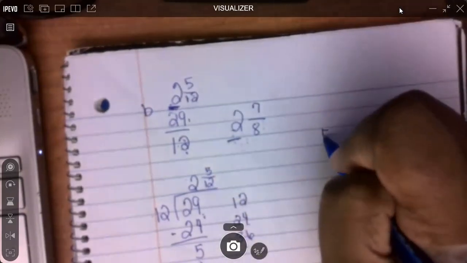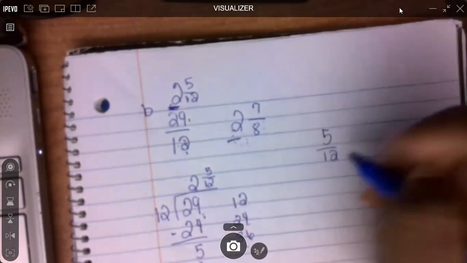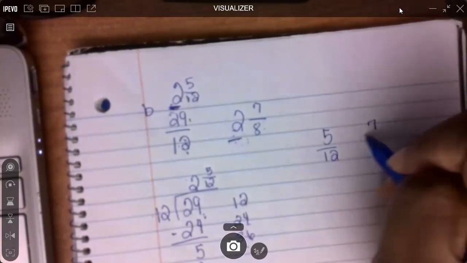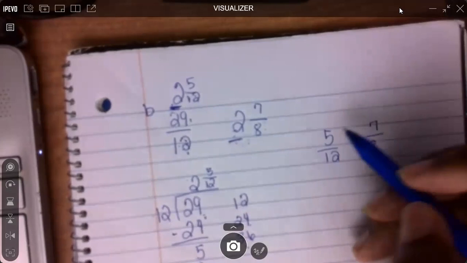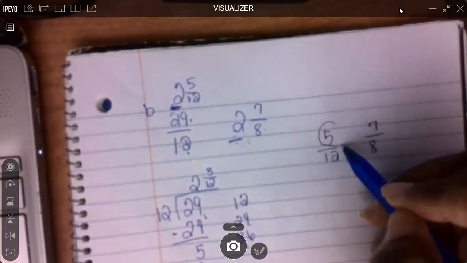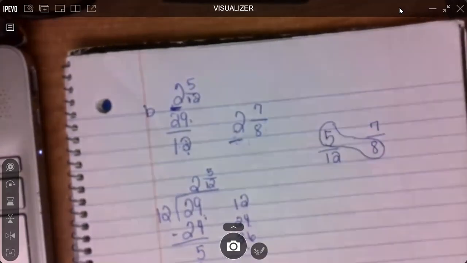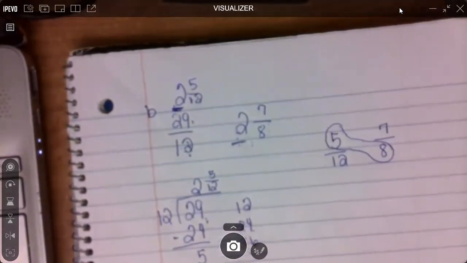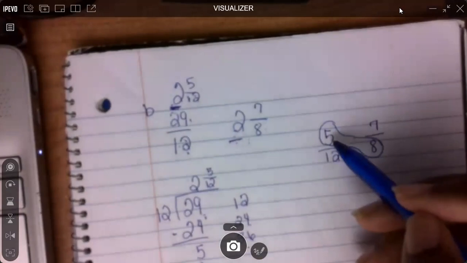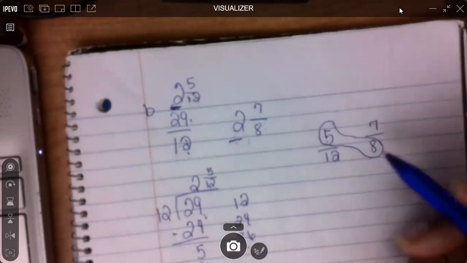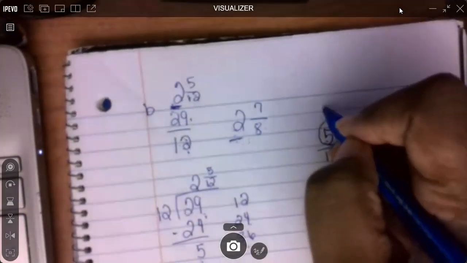So I'm going to write my fractions over to the side, and I'm going to use the butterfly method. Remember, the butterfly method is I'm going to take the numerator of the first fraction and circle it with the denominator of the second fraction and multiply. 5 times 8, 40.